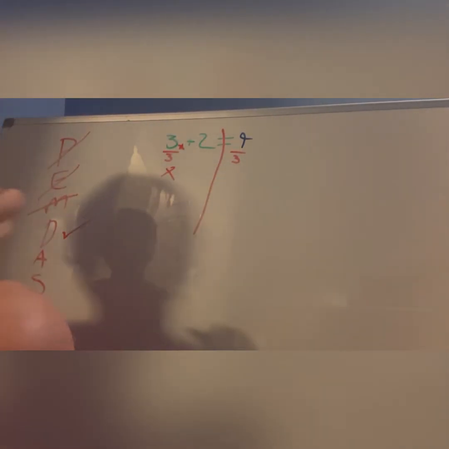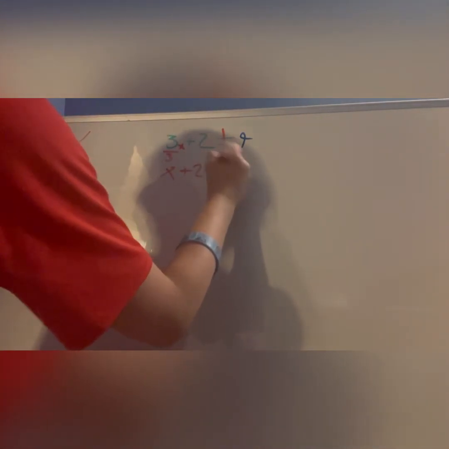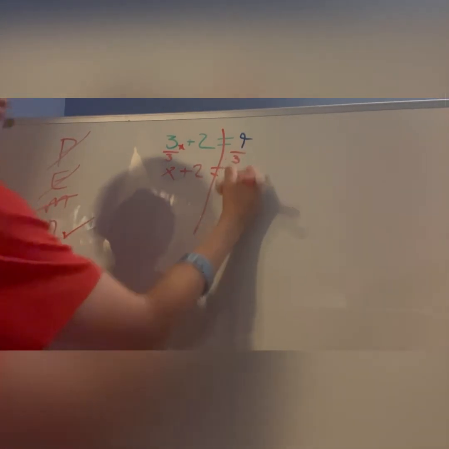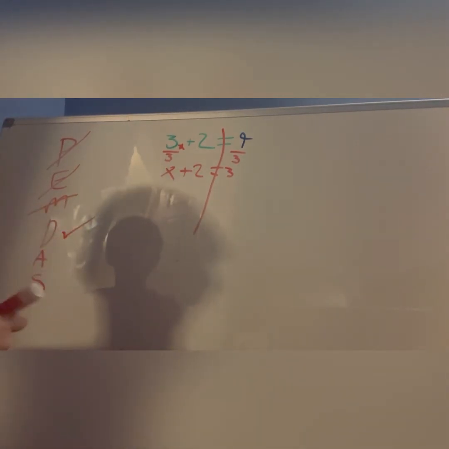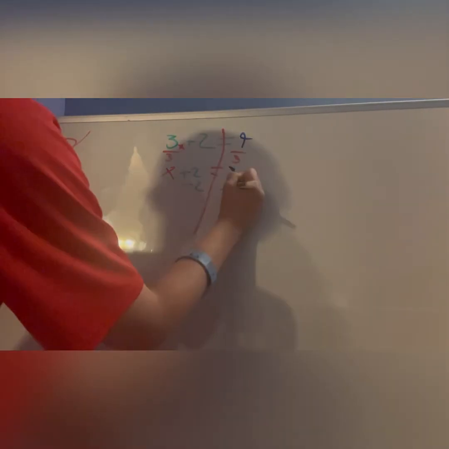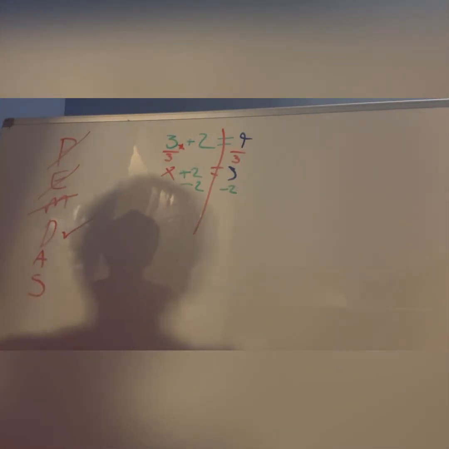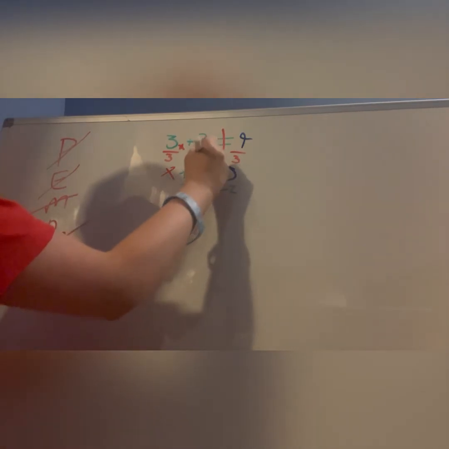Now what's 9 divided by 3? Well, it's 3. Next step, let's subtract this. If Timmy has 3 apples and then he eats one, he has 2 left.